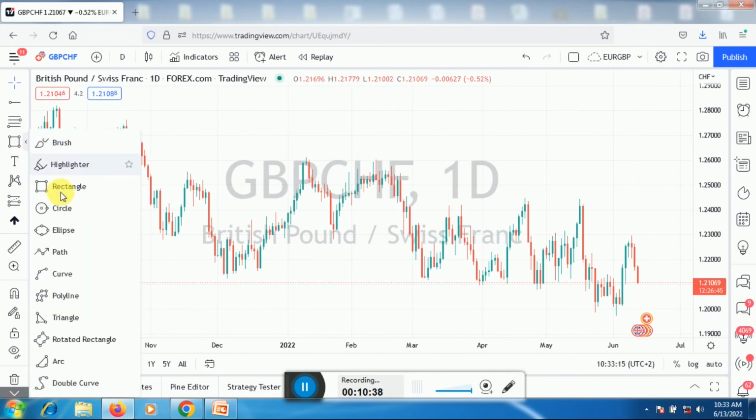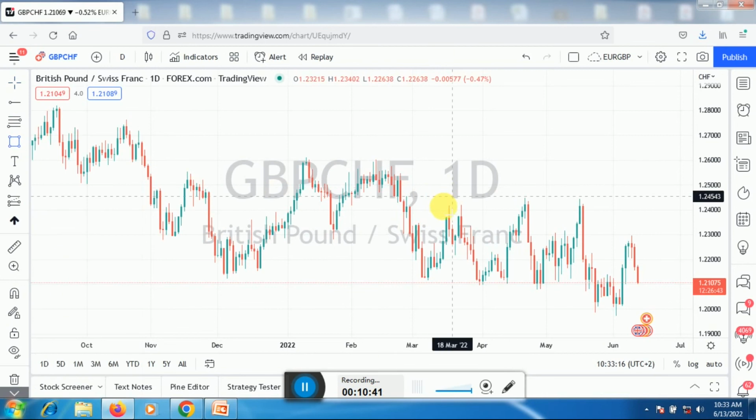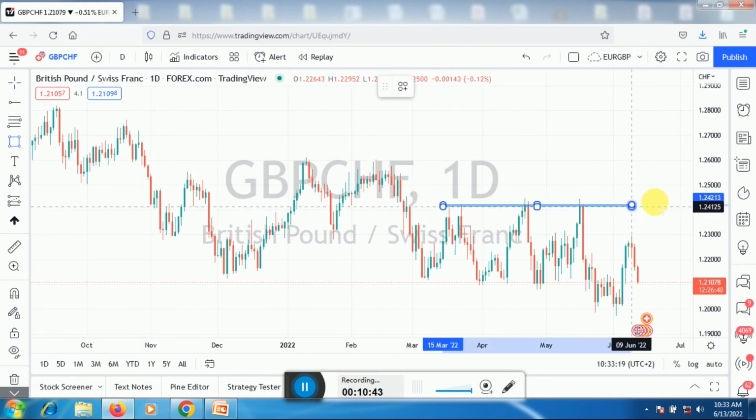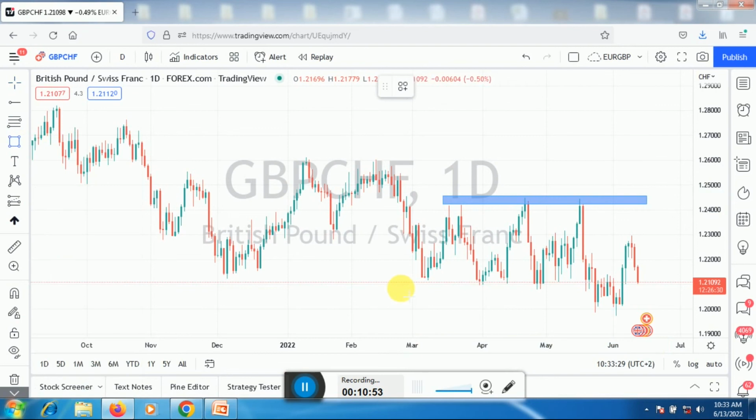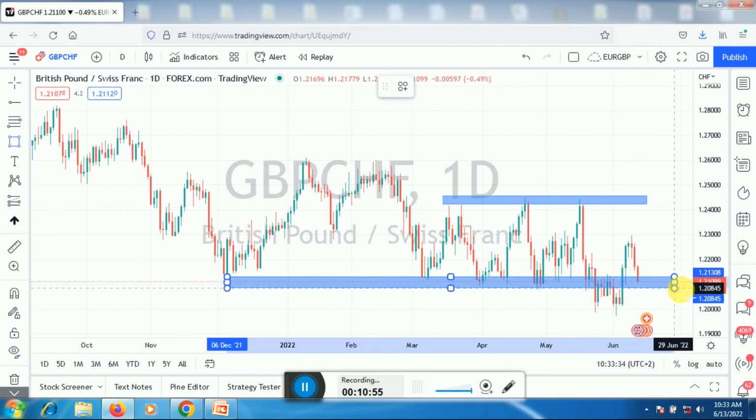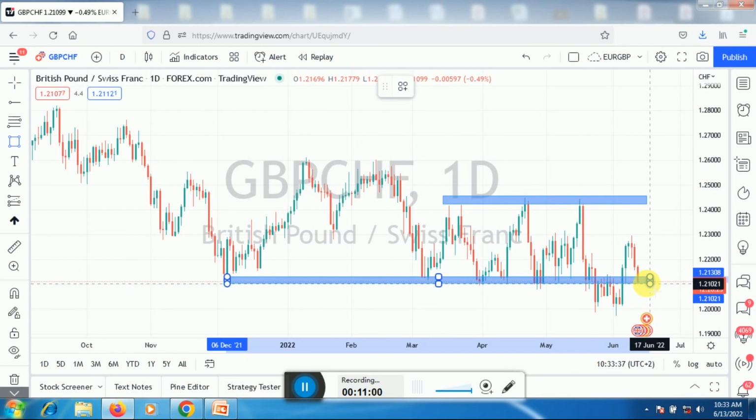to sell the market, because the market bounced off this level, it pulled back away. The market bounced off that level, it pulled back away.